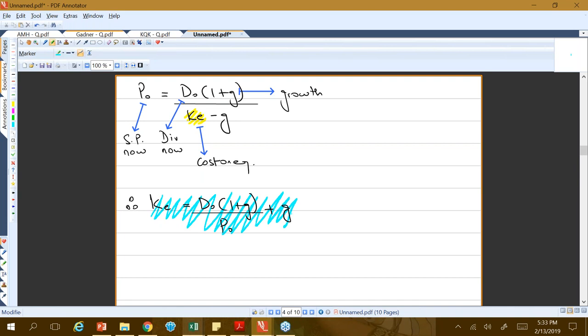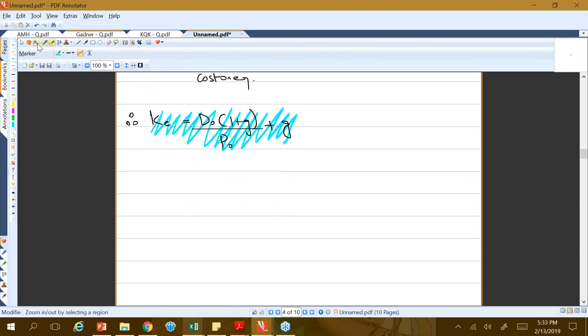So that is one way in which we can find the KE. Now, please remember 2 important things here. The first thing is that the P naught that you will use here has got to be ex-div, and not cum-div. Ex-div means that it is without the impact of dividends.